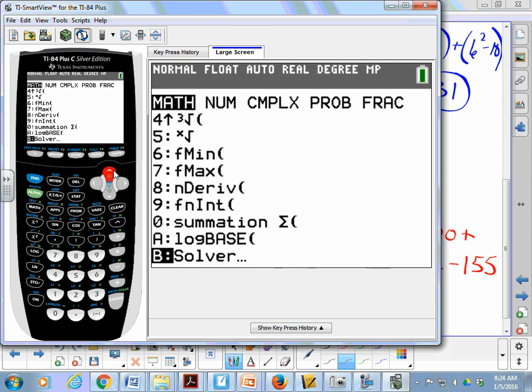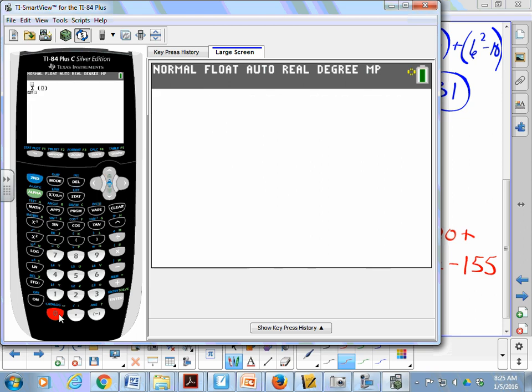Summation, 0. Go to math and then 0. Now if you got the TI-84, it sets it up for you just like it is on the screen. If you have a TI-83, then you don't have it.